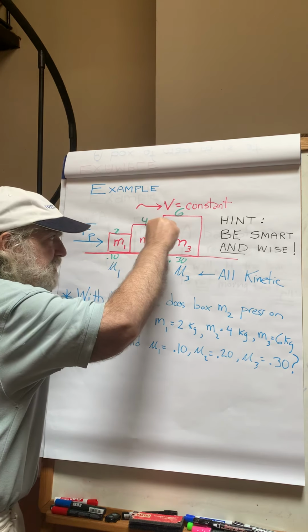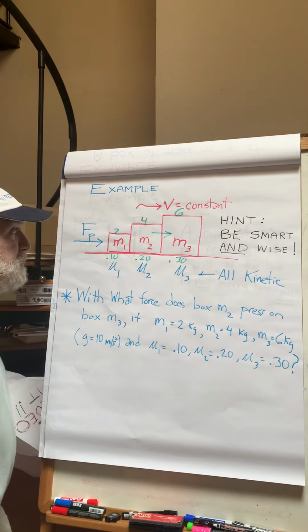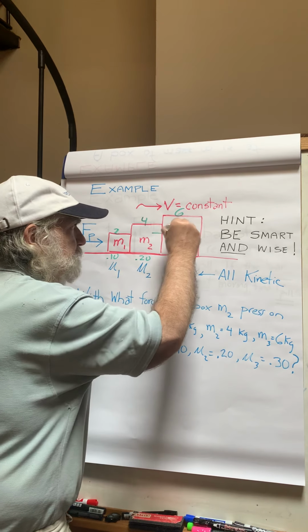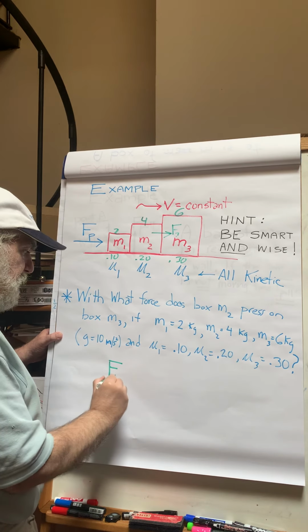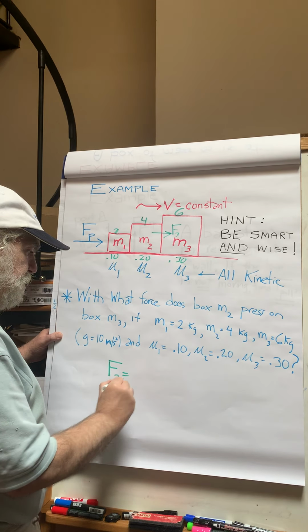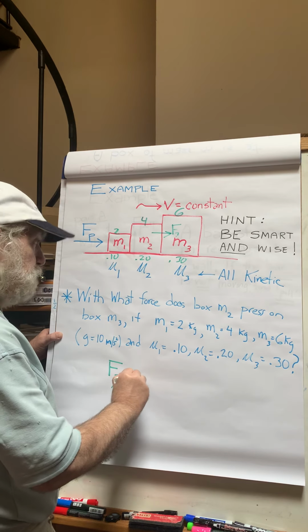Whatever force this is just moving this box, and it's moving it at constant velocity. I'm going to call the force F question mark, because I don't know what it is. But I know that F net is equal to MA.